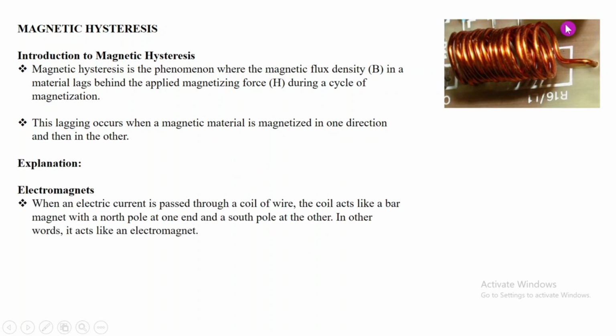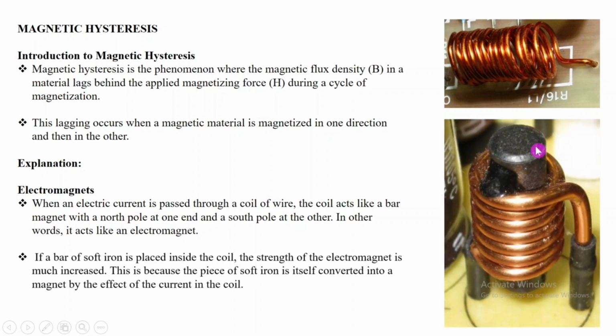So let's consider a coil in the form of a spring here. If we provide the current, the change in current to this coil, the magnetic field will be produced around this coil. One side will be the north and the other side will be the south. Now, if we place the soft iron material inside this coil, that magnetic field strength will be increased, because we know that this soft iron is made up of tiny molecular magnets.